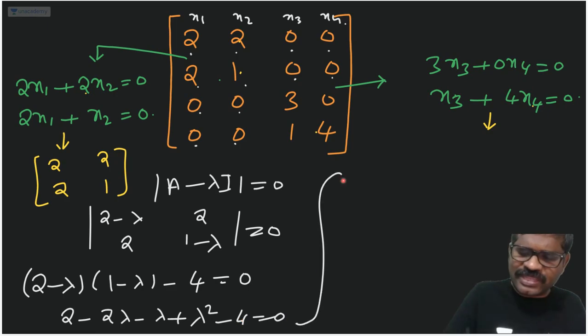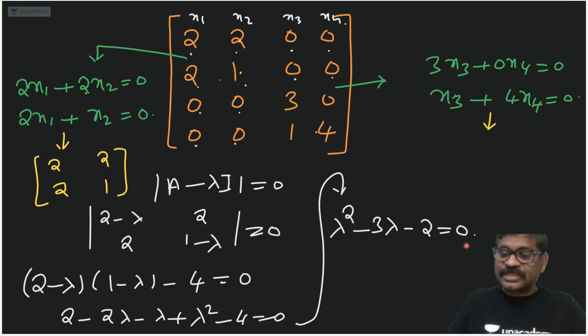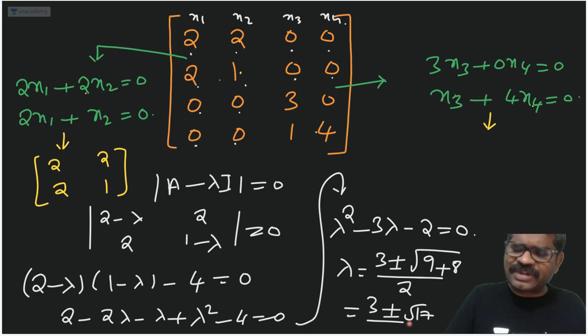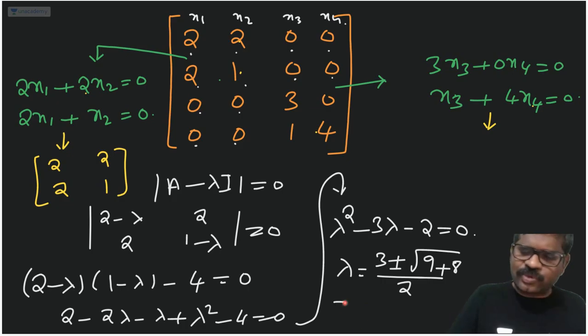From this, lambda square minus 3 lambda minus 2 equal to 0. So lambda equals 3 plus or minus root 17 by 2. You got two eigenvalues.